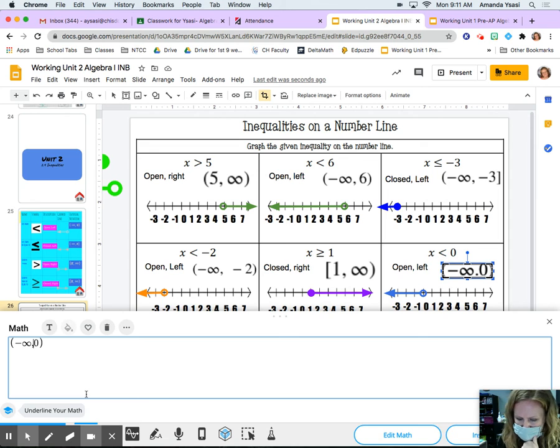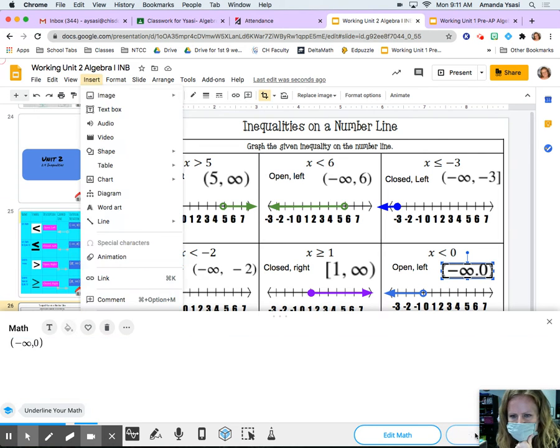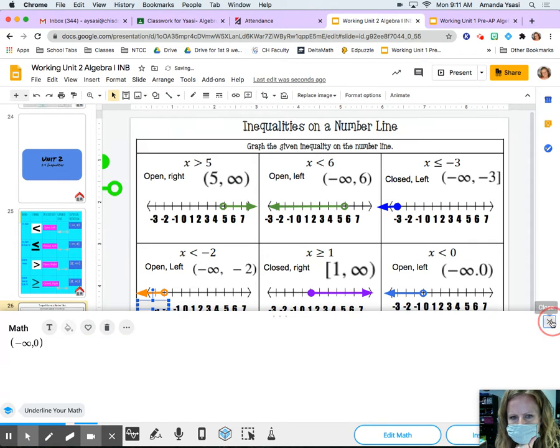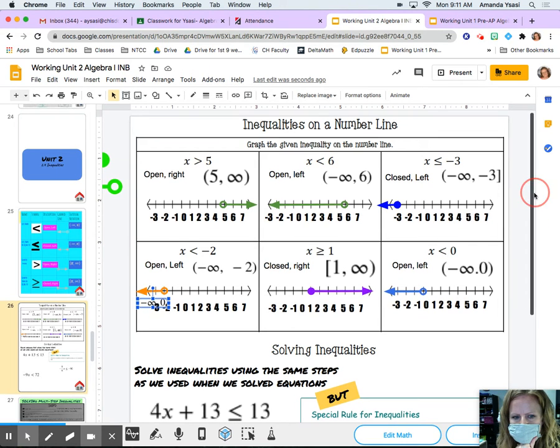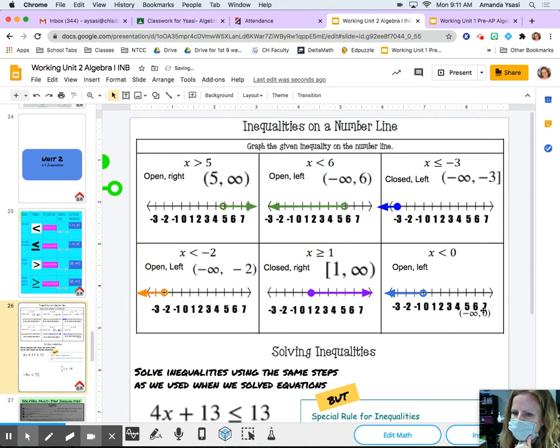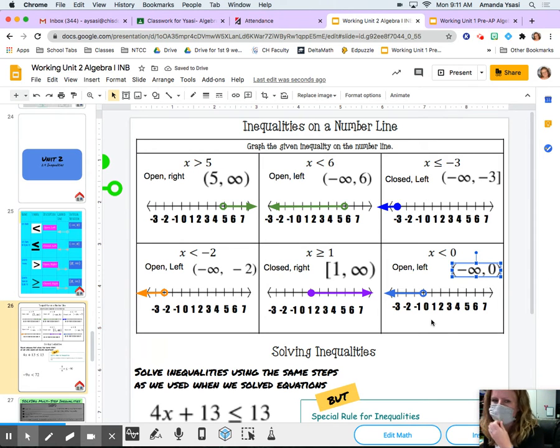Should have been a comma instead. There it is. Okay, so check yours with mine. If you need to fix it, go ahead and do that. But we are moving on to the bottom part. So if you need to fix it, hit pause, and then you can come back to it.